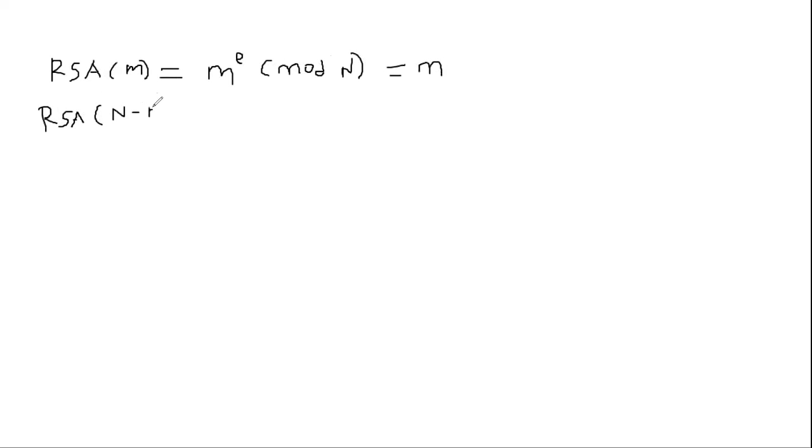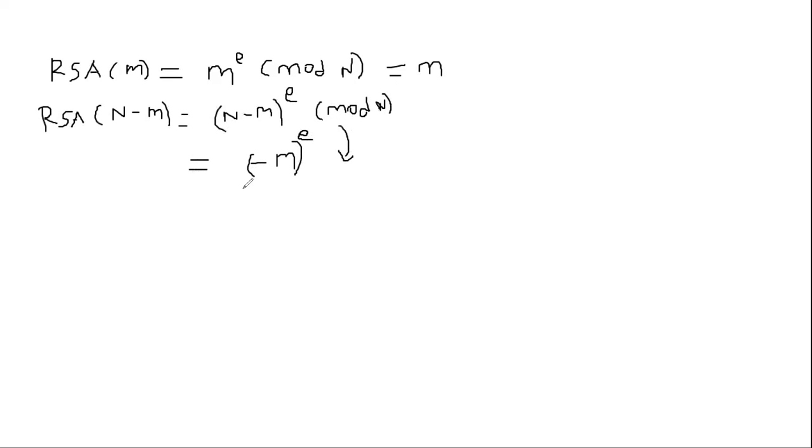So what is this? This is nothing but n minus m power e in mod n. That means we can cancel out the n. What we are left with is minus m power e, also in mod n.